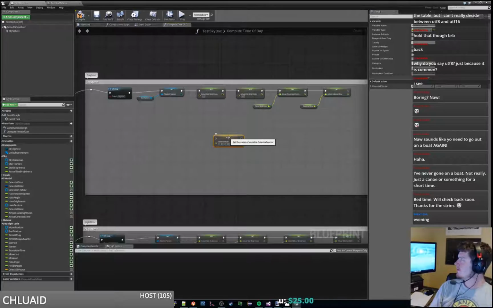Okay, so for our vector, our y-axis is okay.